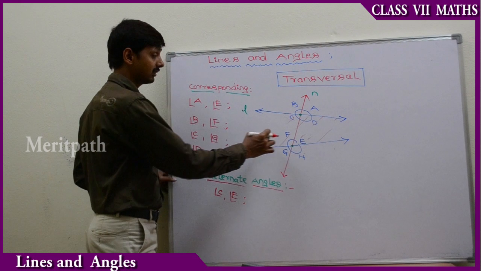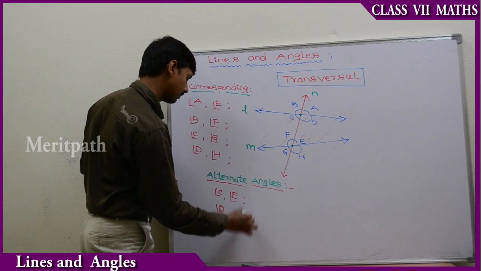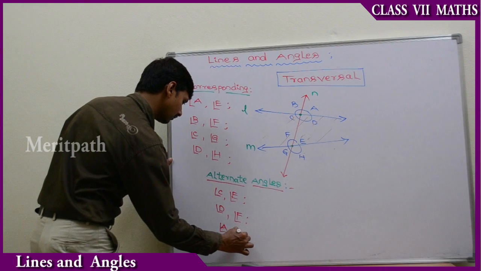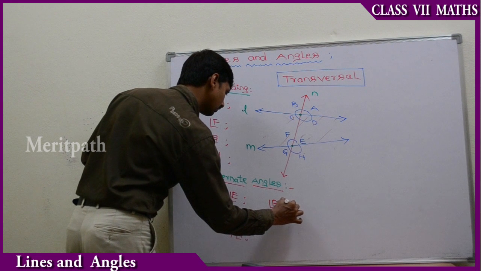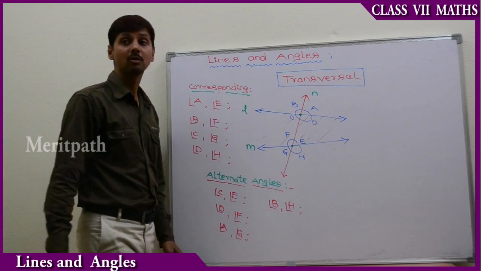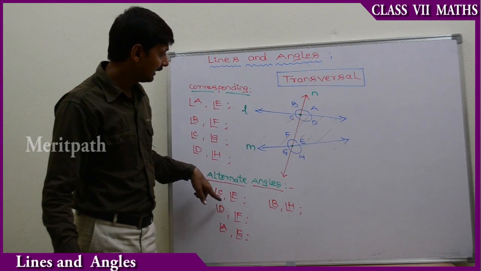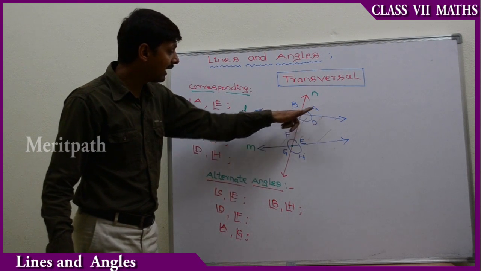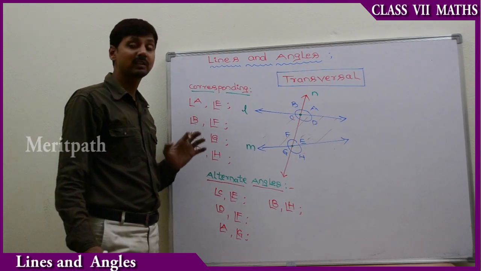Some more alternate angles are angle D and angle F, angle A and angle G, and angle B and angle H. So let's recall again: angle C and angle E, angle D and angle F, angle A and angle G, angle B and angle H. These kinds of angles are called alternate angles.